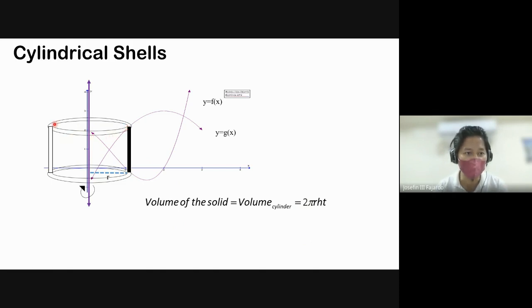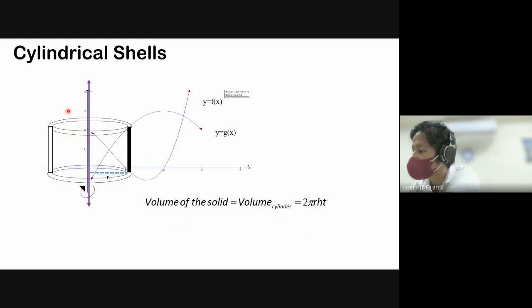So imagine if you have a cylinder. Can you imagine how a cylinder or a cylindrical shell looks like? Imagine you have a thin sheet of material, can you see me guys? Yes po. If you have a cylindrical shell, imagine a thin sheet of material.